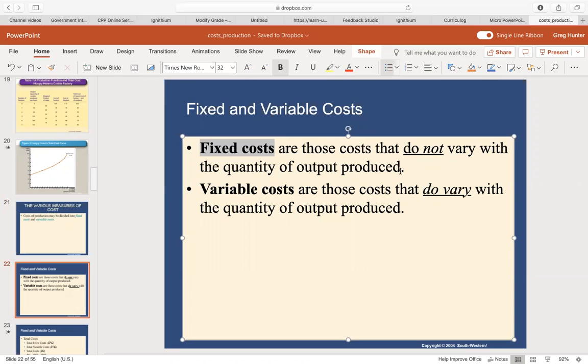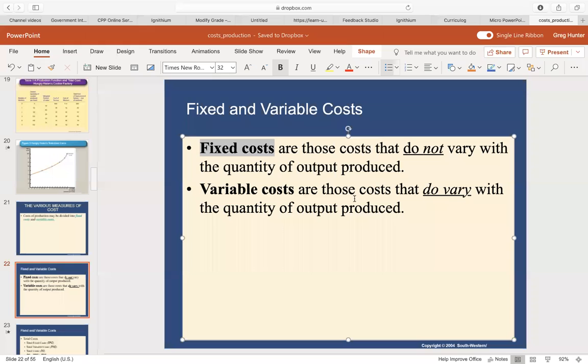So they have to do with these fixed factors of production in the short run, like the factory. In the short run, Helen's got this factory that she's using to produce her cookies, and she's paying rent or a mortgage payment on it. And whether she produces no cookies or she produces 1,000 cookies, she's still going to have that one factory, and she's still going to have to pay that mortgage payment or pay that rent.